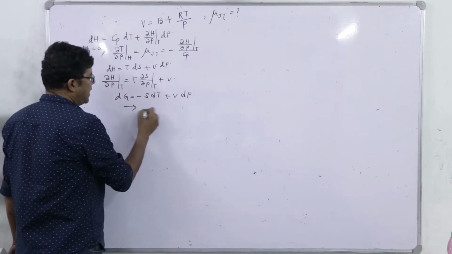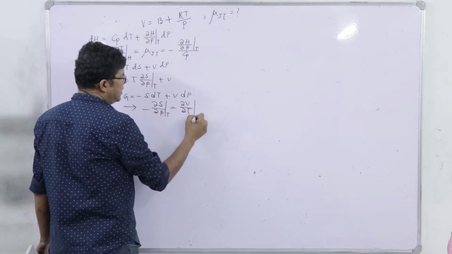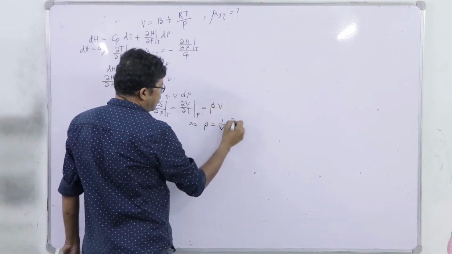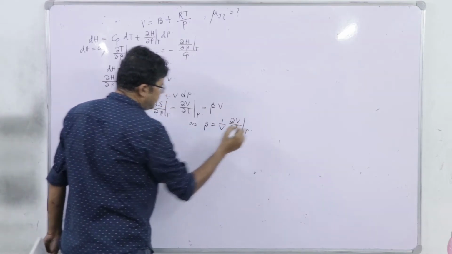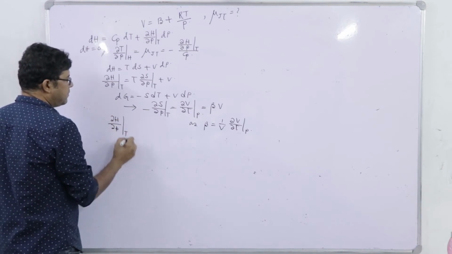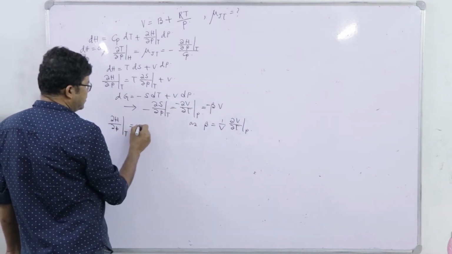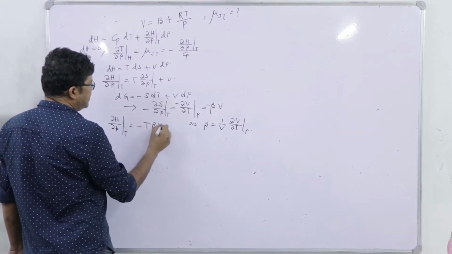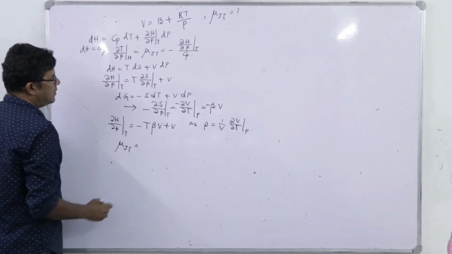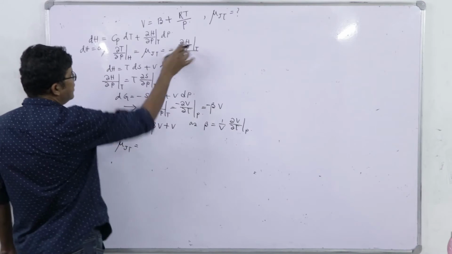So, from the respective Maxwell equation we get del S del P at constant T will be equal to minus del V del T at constant P, which is beta into V, as beta is equal to 1 by V del V del T at constant P. So, del H del P at constant T, there will be a minus sign, sorry, minus beta V. So, it is equal to minus T beta V plus V. So, the Joule-Thomson coefficient mu JT equal to this will be substituted here, but there is a minus sign.